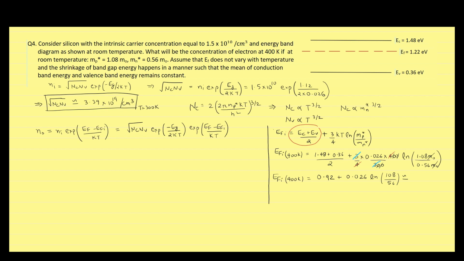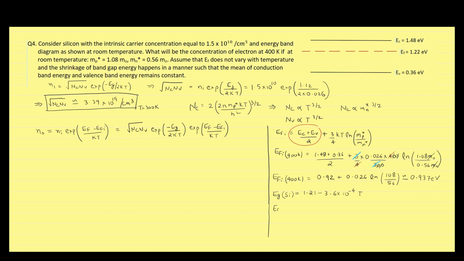After calculation, the intrinsic Fermi energy level will come out to be around 0.937 electron volt. Similarly, we have the formula for bandgap energy for silicon, which is 1.21 minus 3.6 into 10 to the power minus 4 multiplied by temperature in Kelvin.